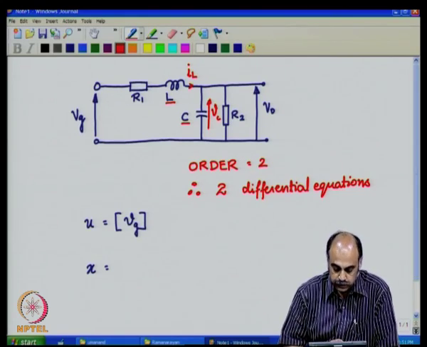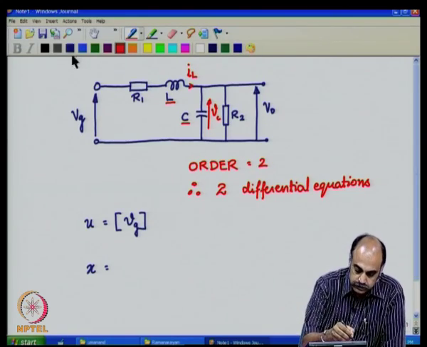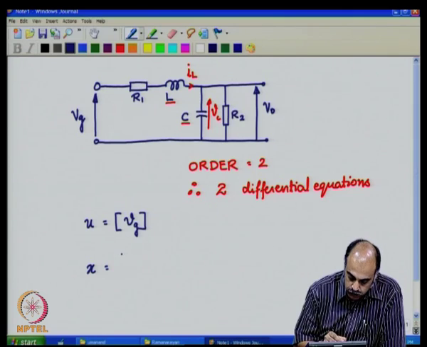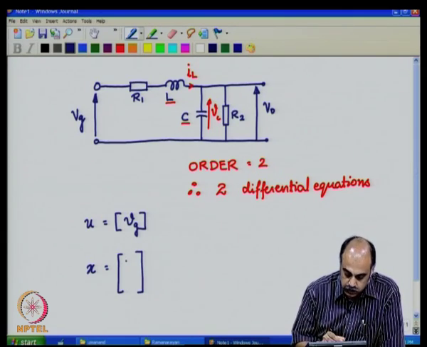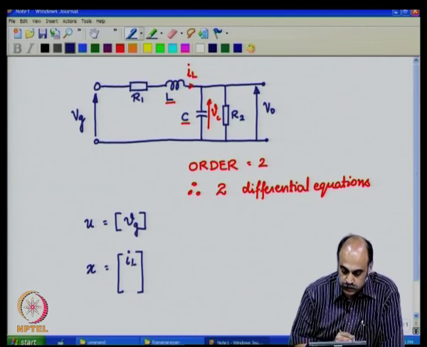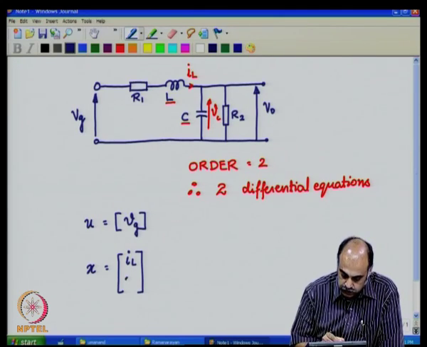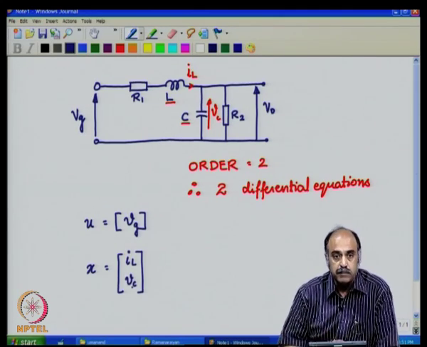Now, these two are the state variables, and therefore, we can list them here. So, one is IL and the other one is the voltage across the capacitance.